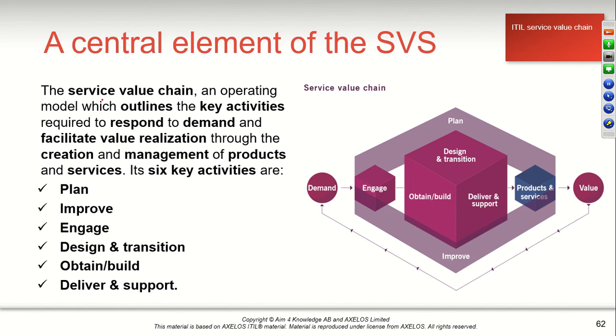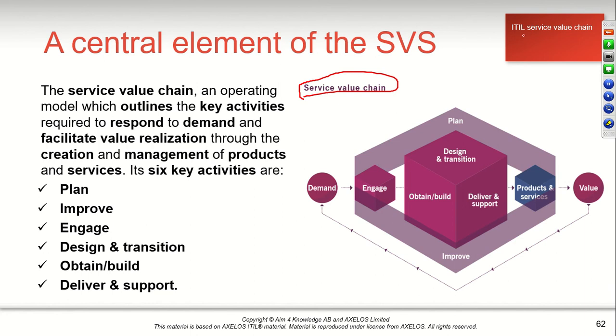So when you talk about the service value system, the service value chain is the central part of the service value system. And in the service value chain, we are talking about ensuring our key activities are outlined to be able to respond to demand and to facilitate the value that is to be realized.